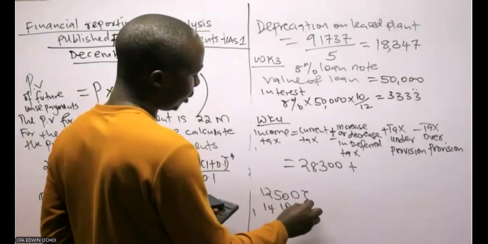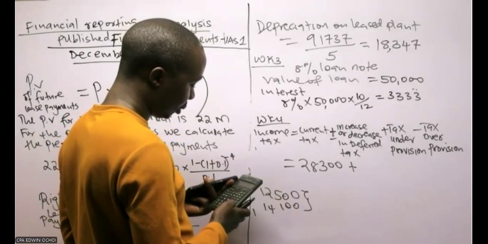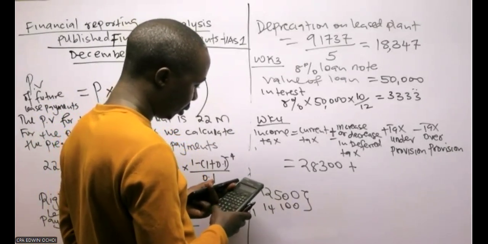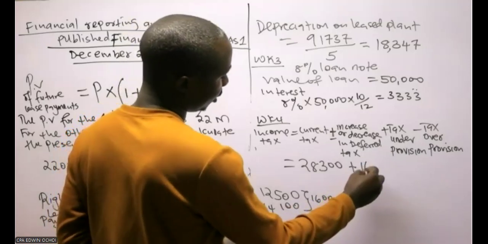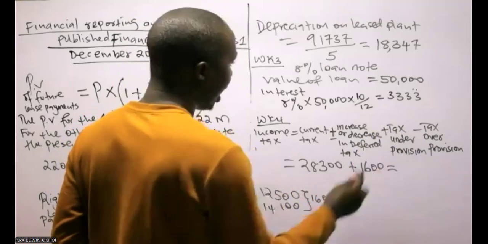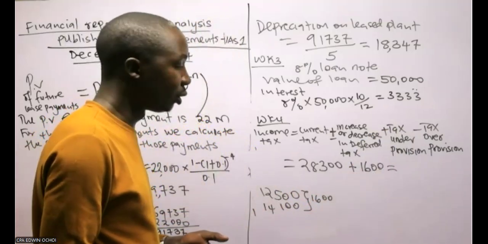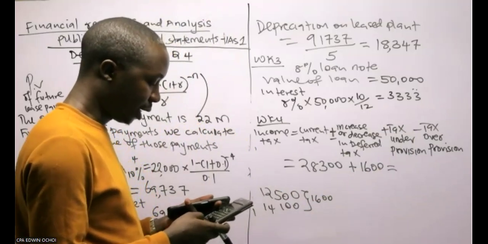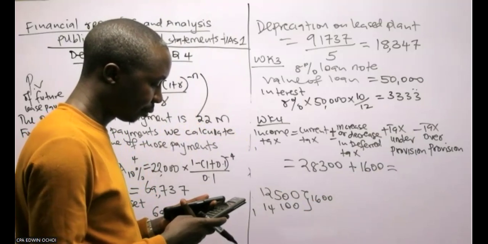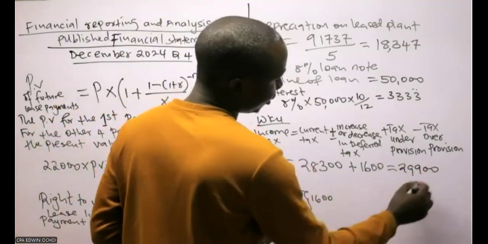So the increase is 1,600. That is what you add here. There is no under provision or over provision from the previous year. It's not present for this question. So 28,300 plus 1,600 is 29,900.